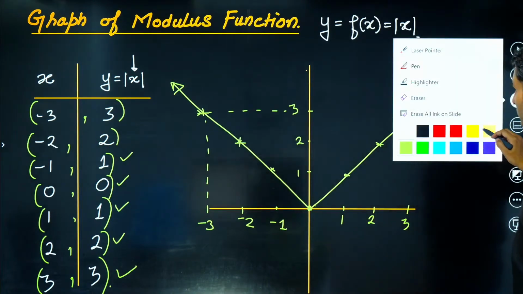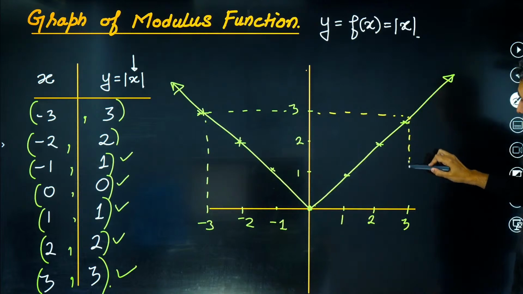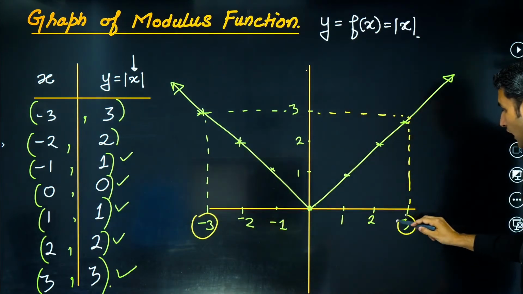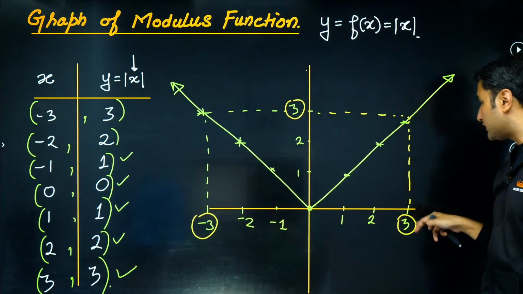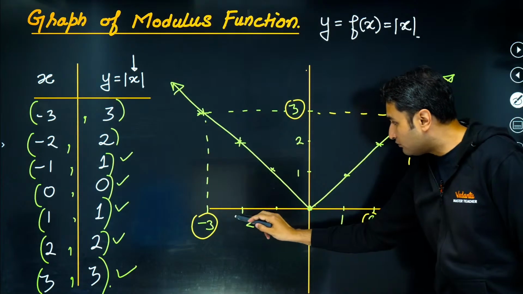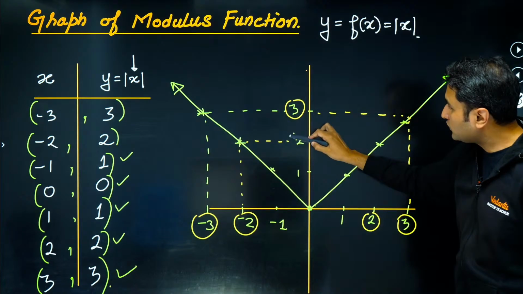The output is 3 for the inputs minus 3 and 3. Both minus 3 and 3 give the output 3. Both 2 and minus 2 give the output 2.